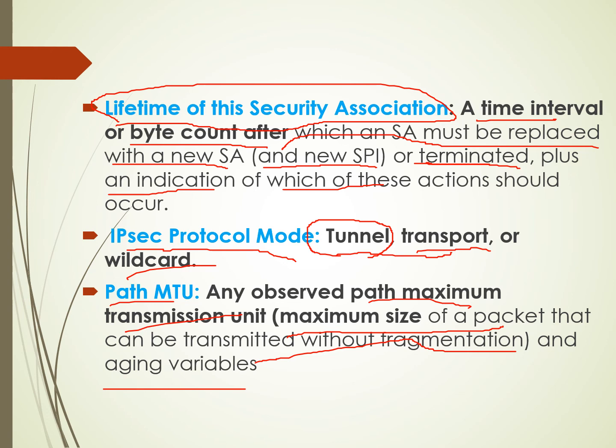So what is the maximum size of data that we can send to the receiver without fragmentation? This parameter is stored in the security association database, and we can understand it by looking into the SAD.